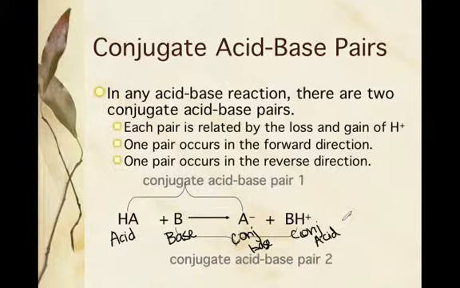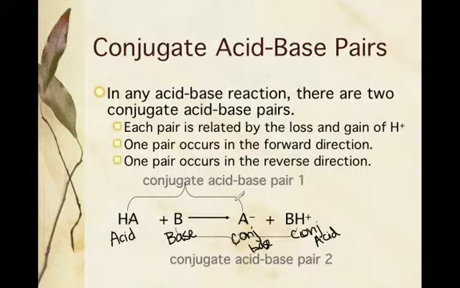The reason why it's called a conjugate base instead of the conjugate acid is that in order to go backwards from this A- back to the HA, it has to act like a base in order to get back to its original form. And so that's why it's called a conjugate base. Same thing, BH+ has to donate a proton in order to get back to its original form. So it's considered a conjugate acid because it has to donate the proton. Does that make sense? Anyone have questions on how to pair them?